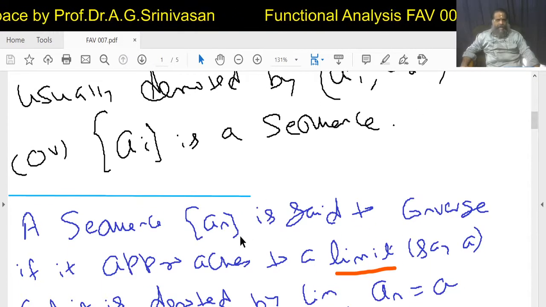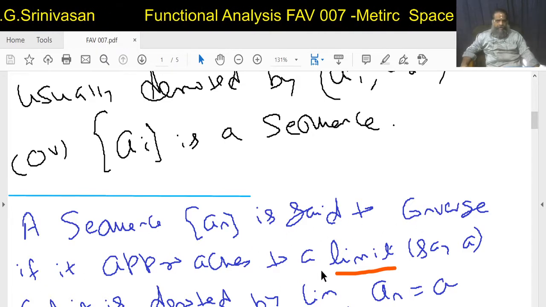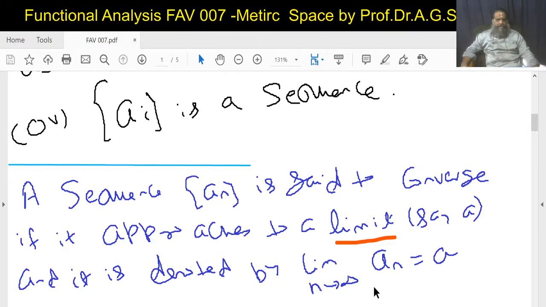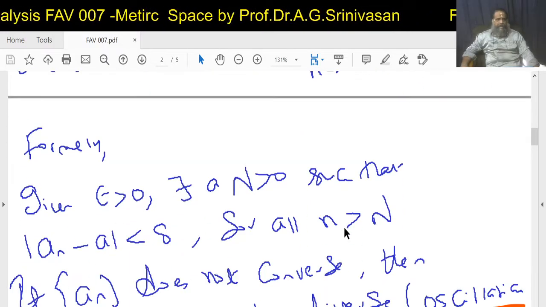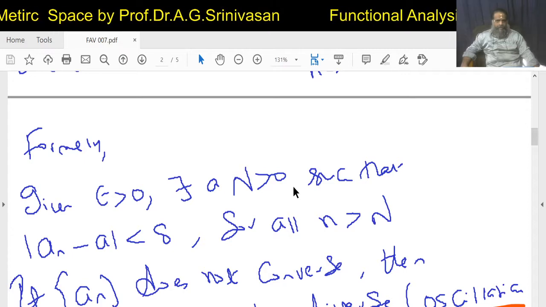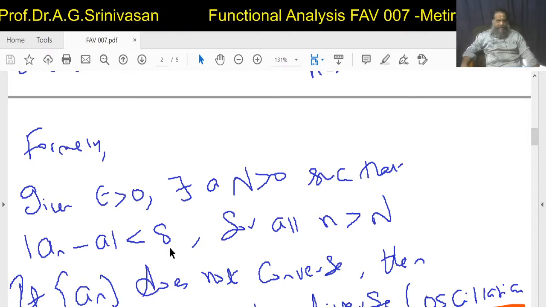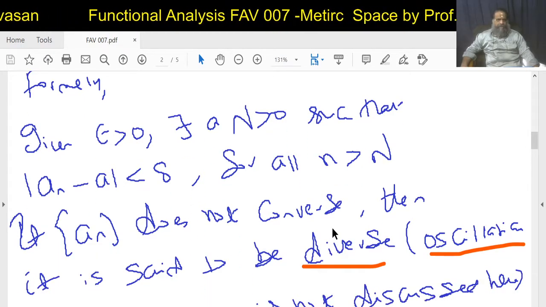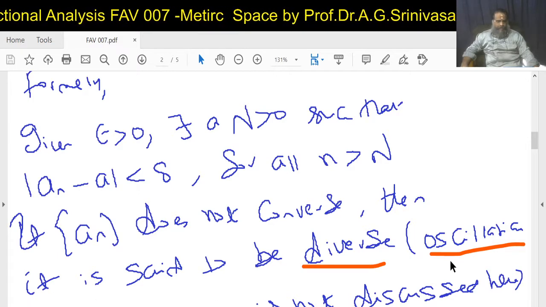A sequence an is said to converge if it approaches a limit, say a, and it is denoted by the symbol limit as n tends to infinity of an equals a. Formally, given epsilon positive, there exists an N positive such that modulus an minus a is less than epsilon for all n greater than N. If an does not converge, then it is said to be divergent.